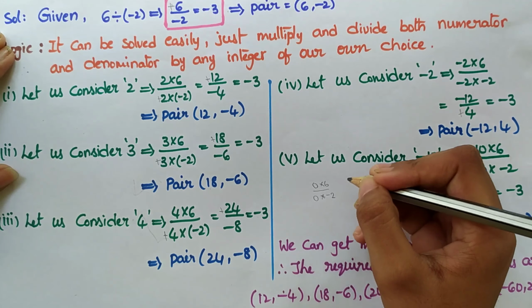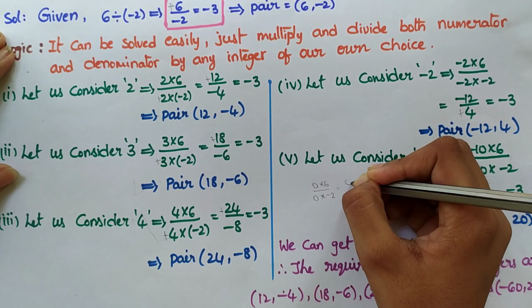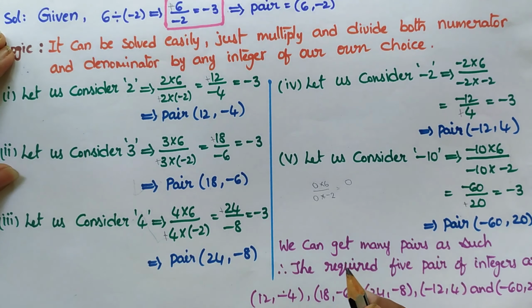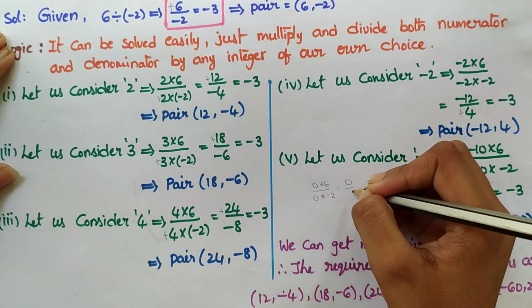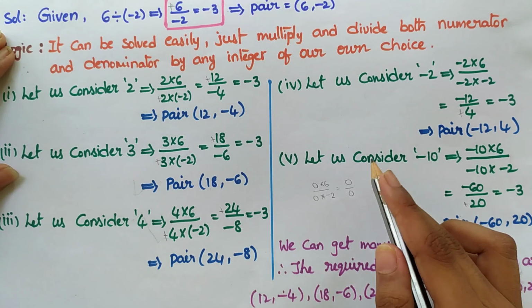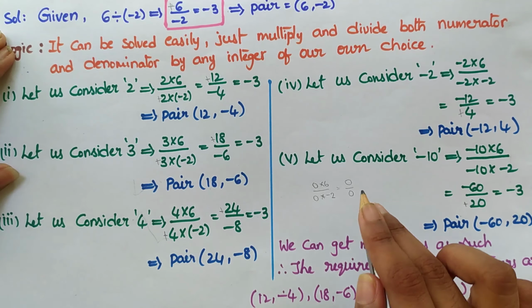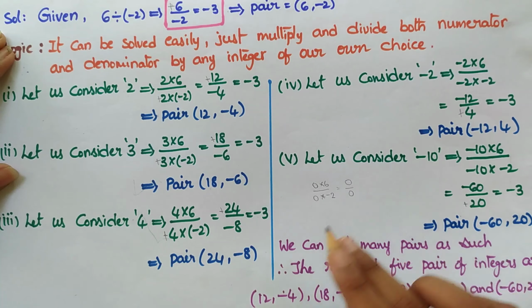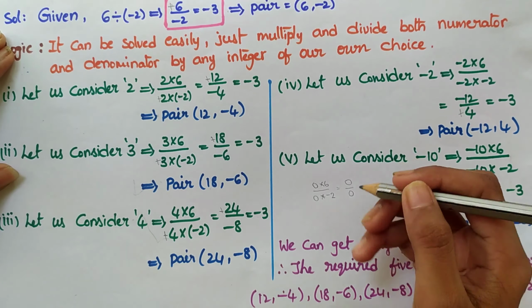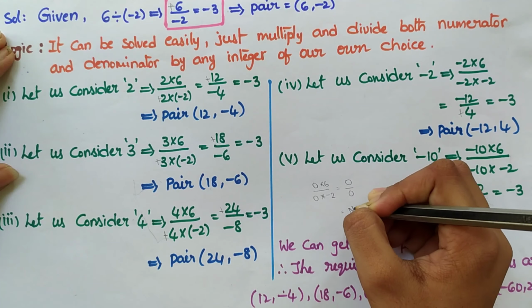As you can see, 0 into 6 is 0 and 0 into minus 2 is 0. So 0 by 0, any number by 0 is not defined. So the answer is not defined.